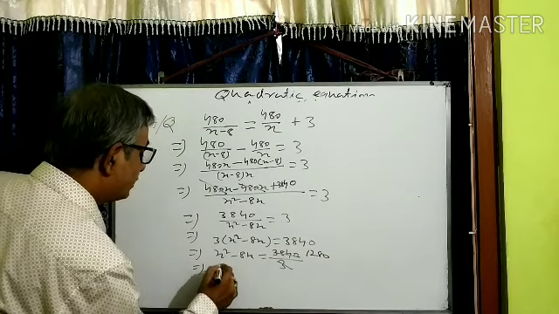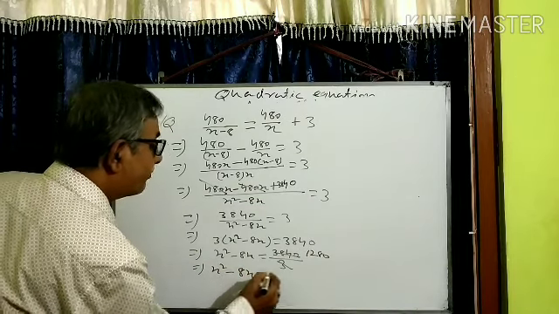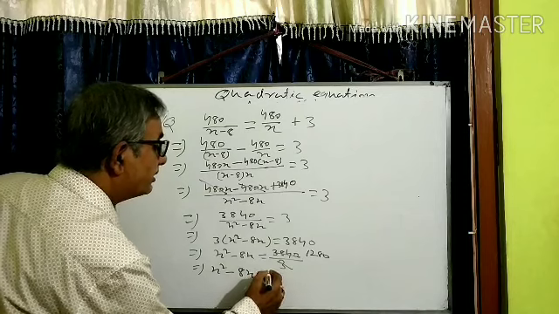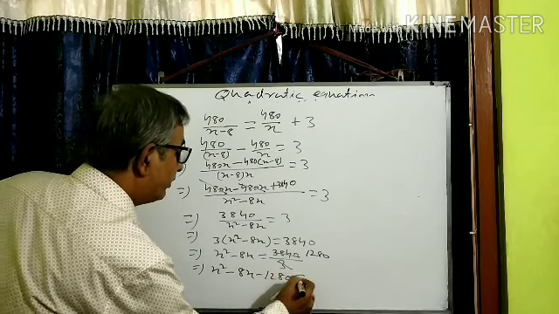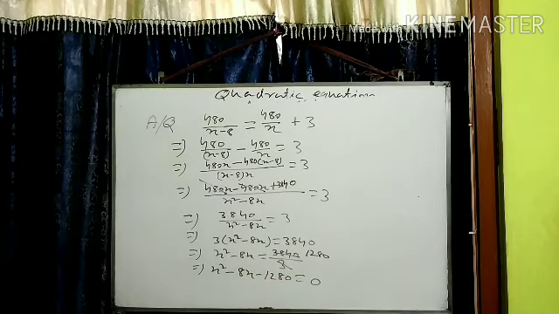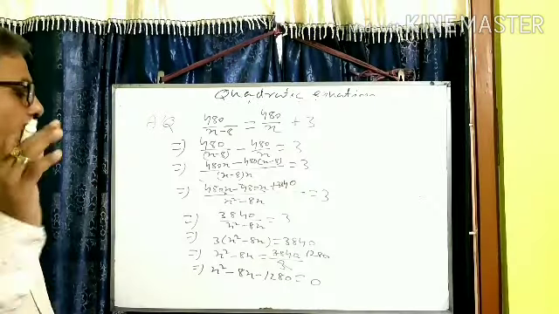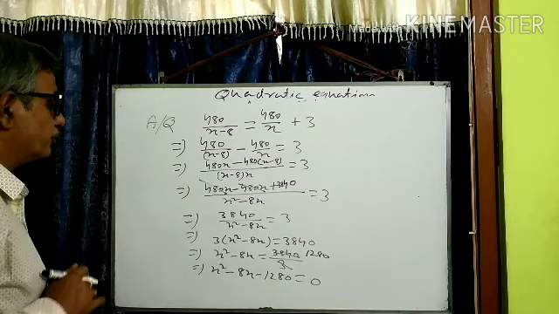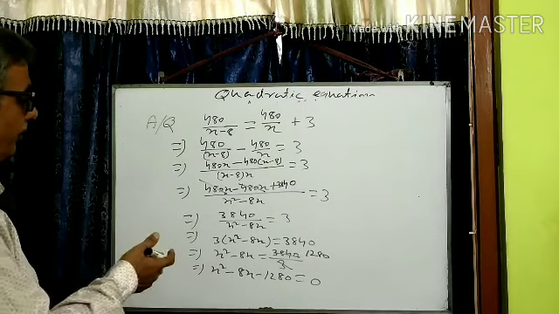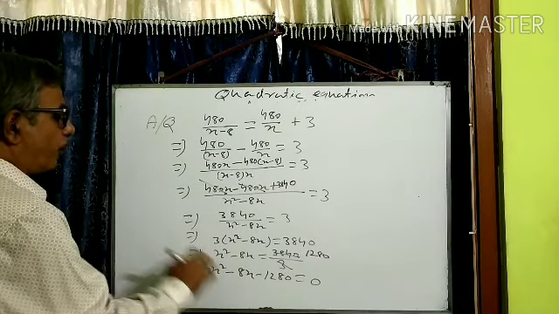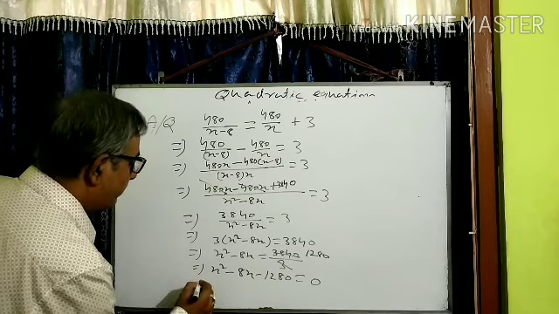So x square minus 8x equals 1280. Let this come to this side. After that, it is up to you. You apply any process to find the roots. I prefer to solve it by the factorization method.